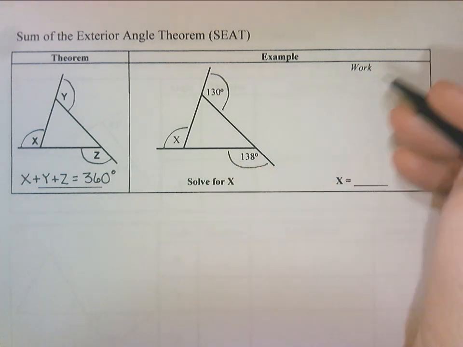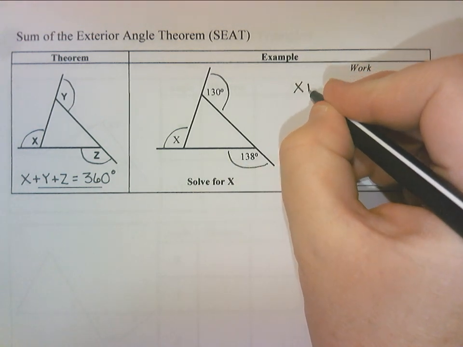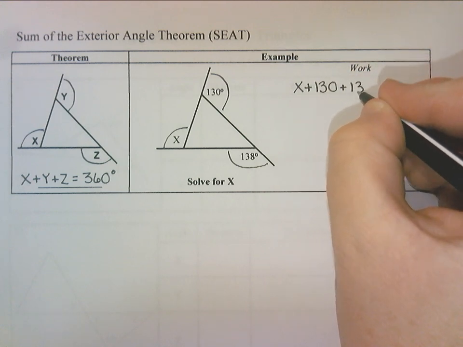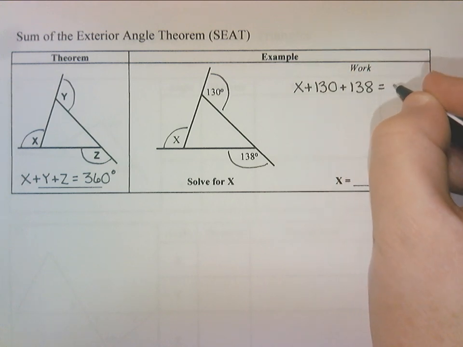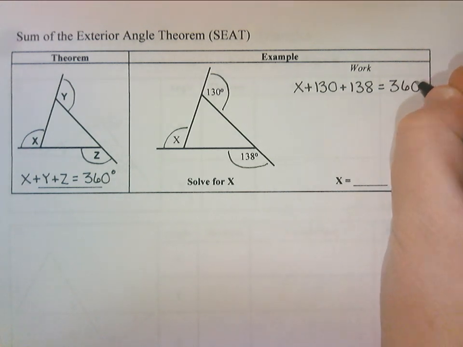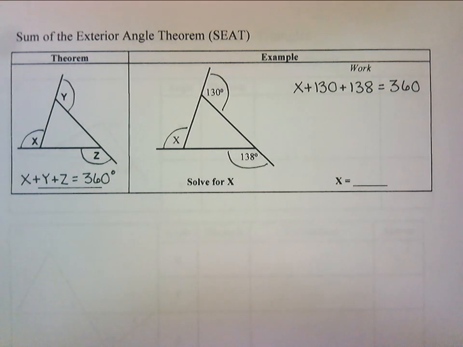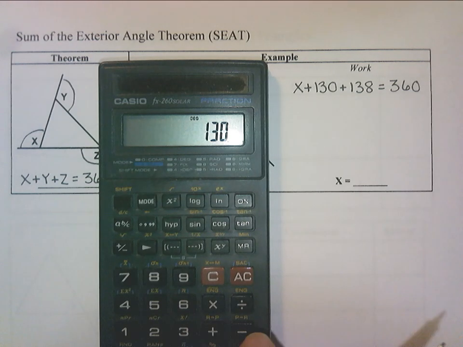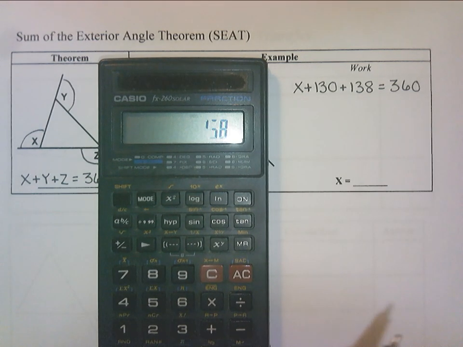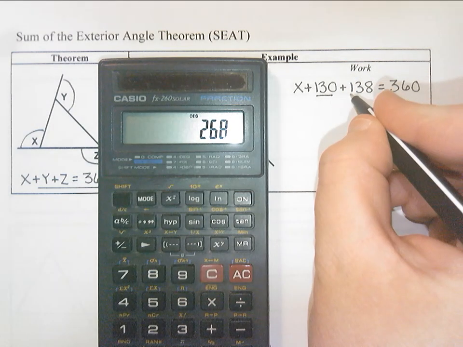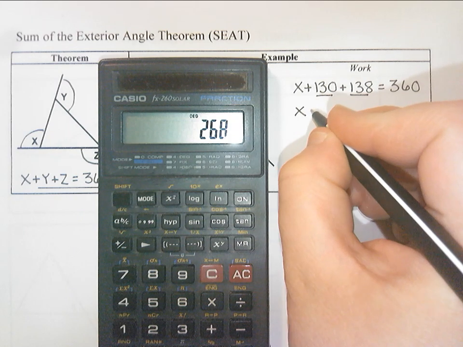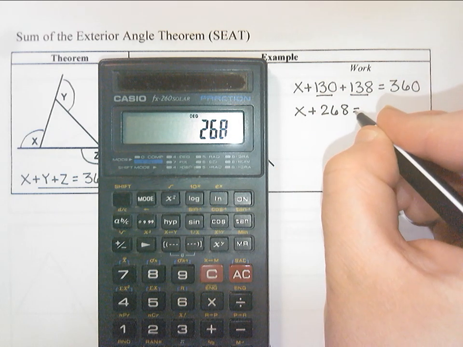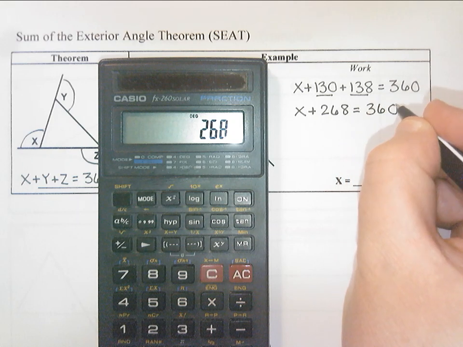So if I take X and I add 130 and then add 138, they should all together equal 360 degrees. We are going to collect our like terms by adding 130 and 138. That gives me 268. So X plus 268 equals 360.